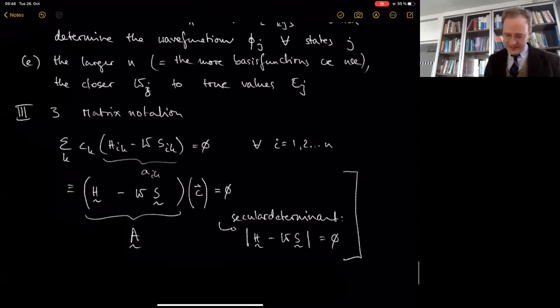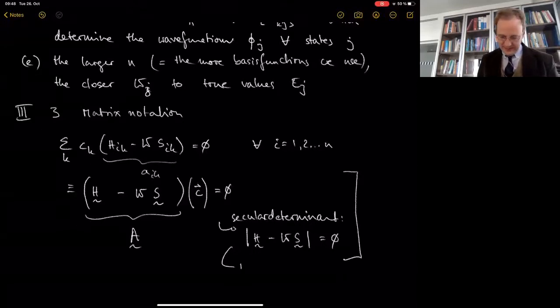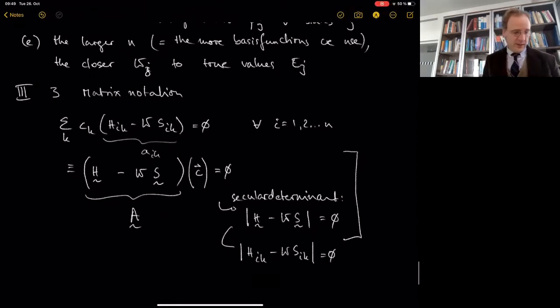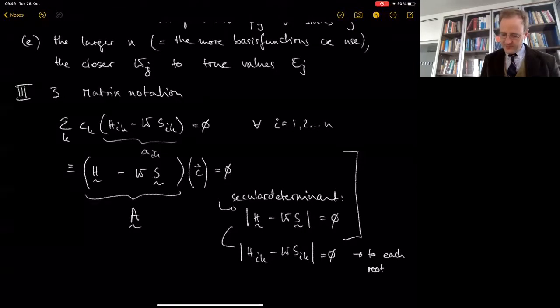Now, you can write this also in this element-wise fashion, where you write something like this, and then you note to each root, right, there is a solution vector.